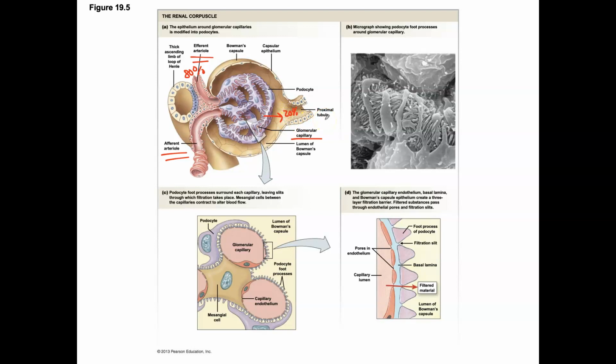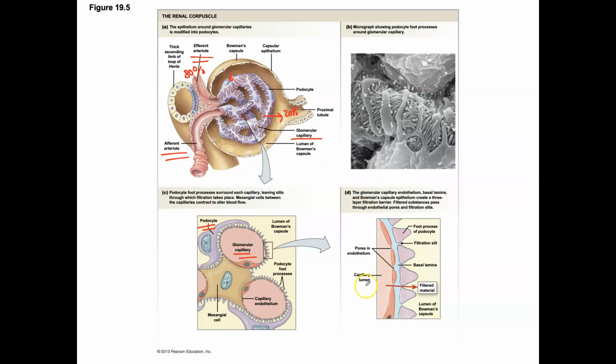In order for filtration to take place, it relies on podocyte cells of the glomerular capsule surrounding the glomerular capillaries. So if we were to zoom in on that cellular structure, here are the podocyte cells surrounding the glomerular capillaries.